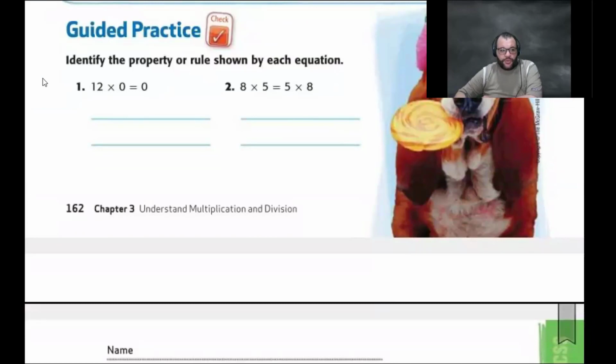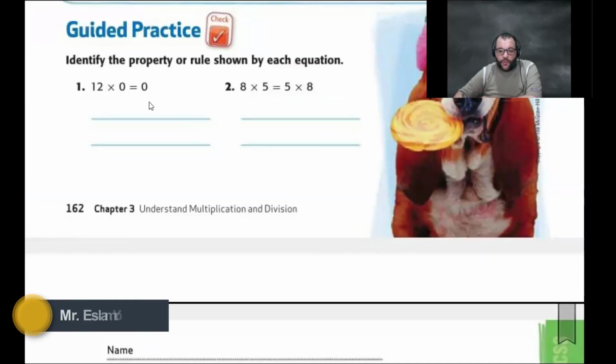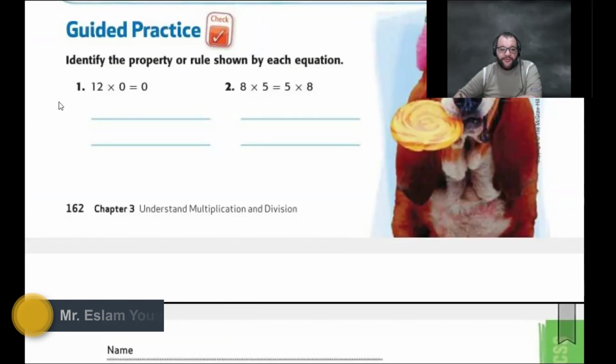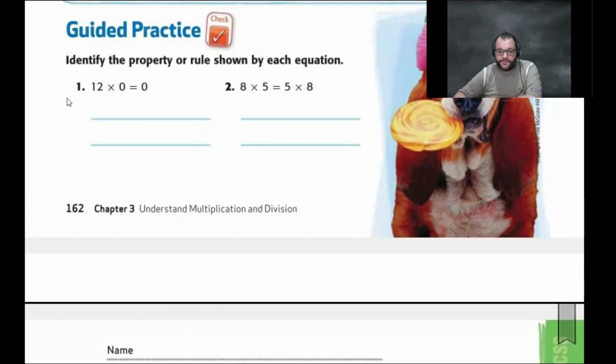Now with question number 1. Question number 1 said, identify the property or the rule that we use in each equation. We need to identify the name of the property that we use for 12 times 0. The answer is 0. What is the name of this property? If you know the answer, please raise your hand. Muhammad Yahya?